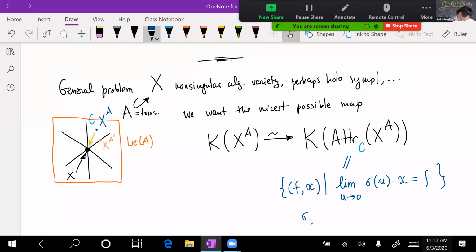So sigma is a map from C star to A, and this sigma is in my cone.